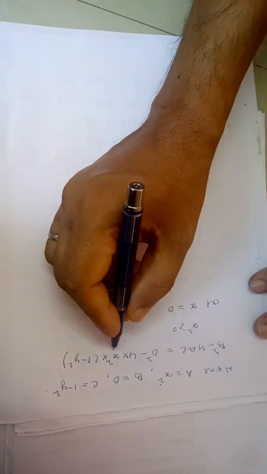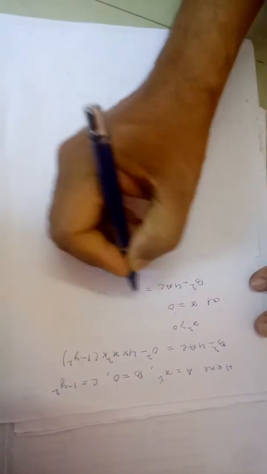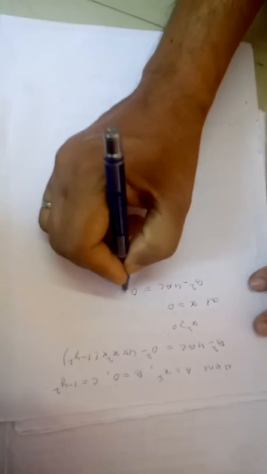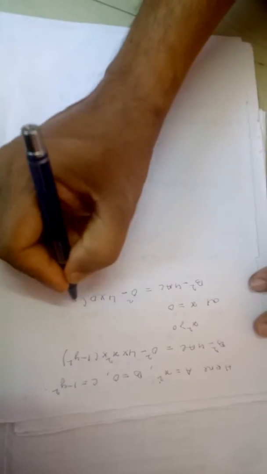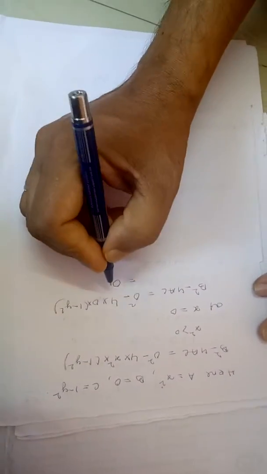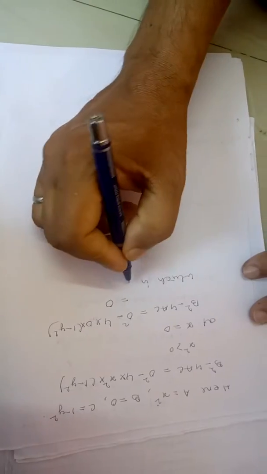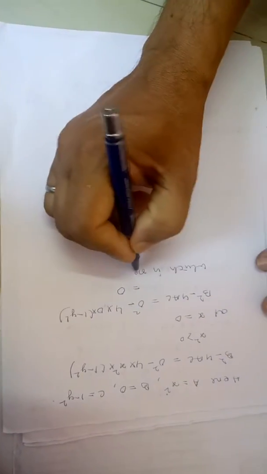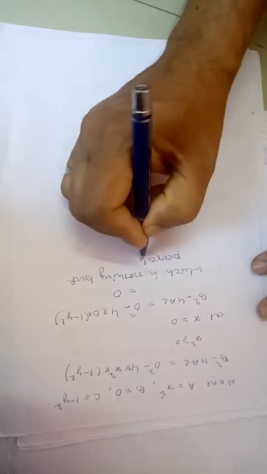If I put x equal to 0 here, b square minus 4ac is equal to 0 square minus 4 into 0 into 1 minus y square, and that is equal to 0, which is nothing but parabolic PDE.